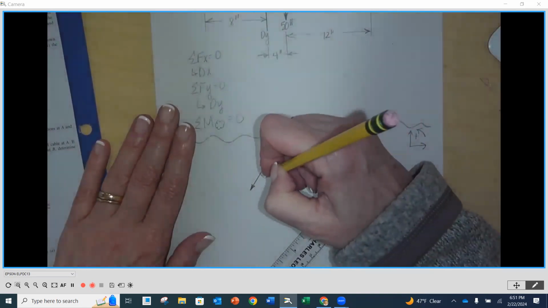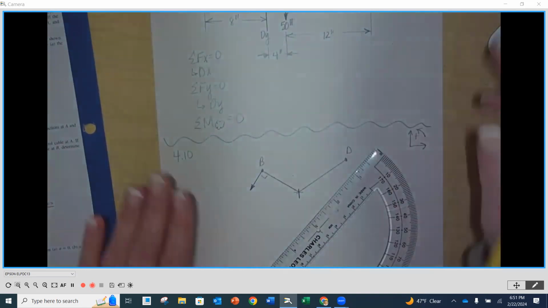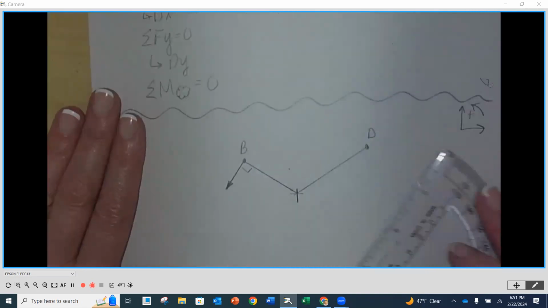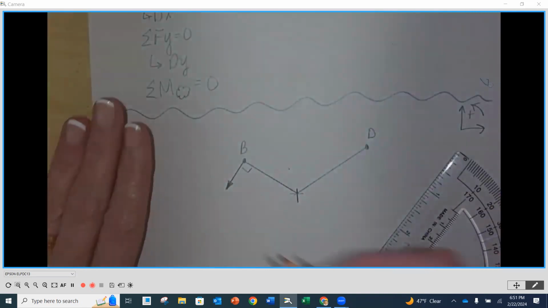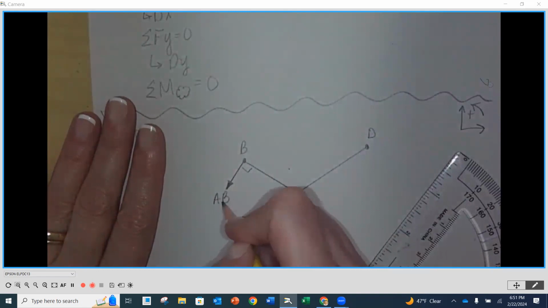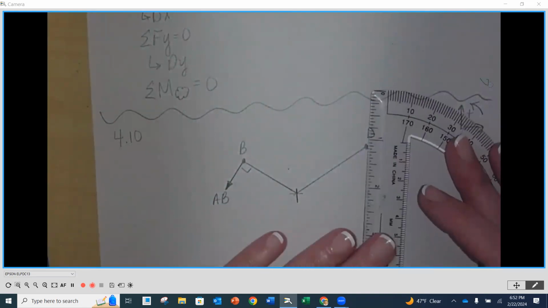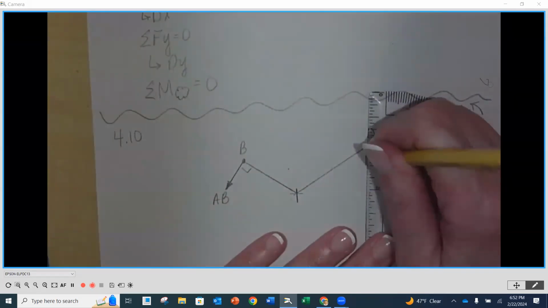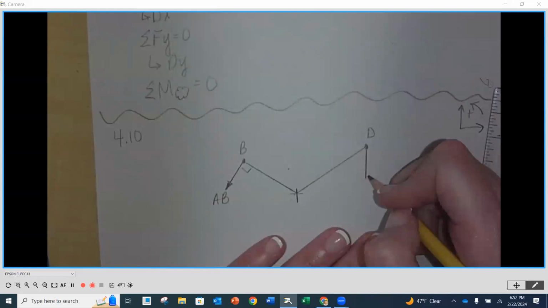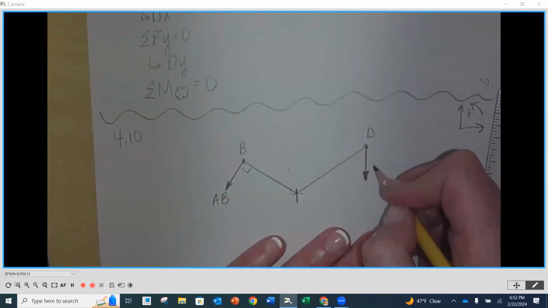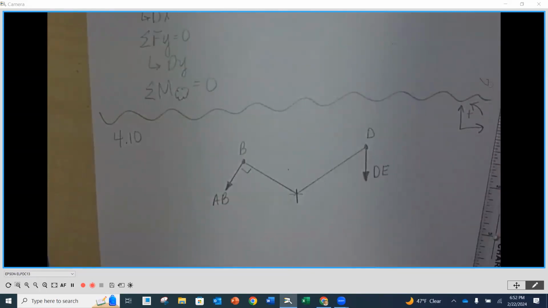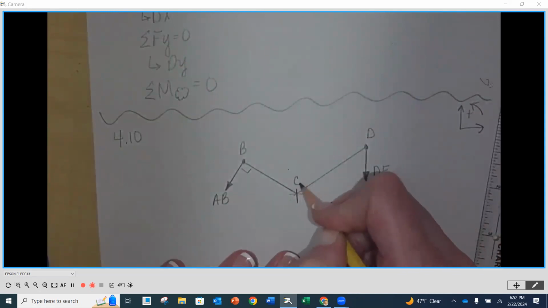This is a 90-degree angle as shown in the diagram. And they call this AB, so I'm going to make that consistent with the problem. Then we also have another link, and they said it's in tension, and they're calling this one DE. And then this is our point C.